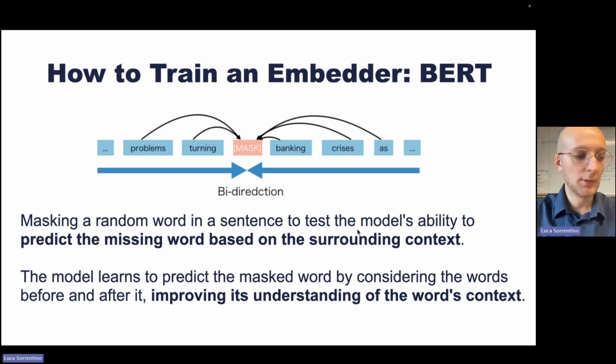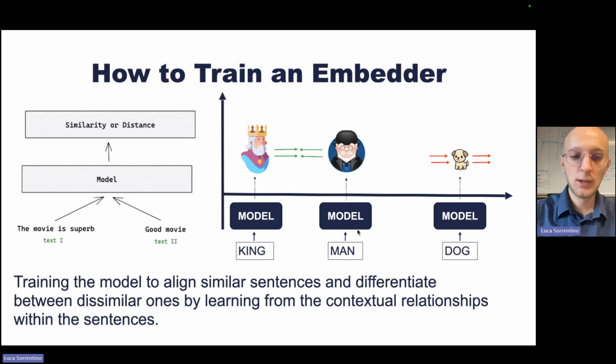But even though this is a very powerful model, we still have a problem. In fact, we want the model to start to learn the difference between similar and different sentences.